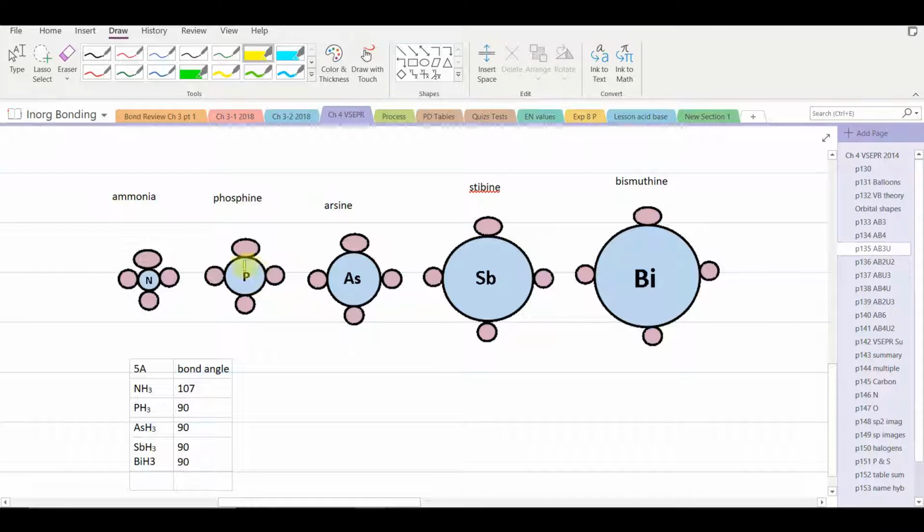But in the larger central atoms of phosphorus, arsenic, antimony, and even bismuth, these electron clouds are pretty small relative to the size of the central atom, and it does take energy to bring about hybridization, so it's simply lower in energy and easier for the electron clouds to sit directly in the unhybridized half-filled orbitals of these central atoms rather than involving hybridization. I guess that makes sense, right?